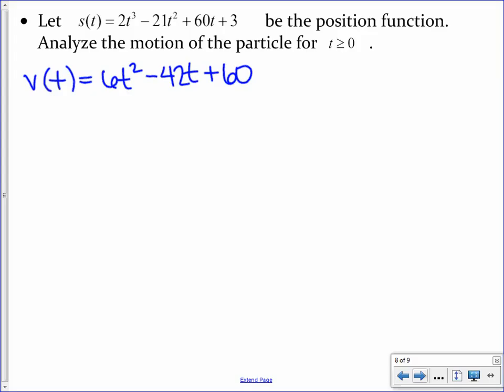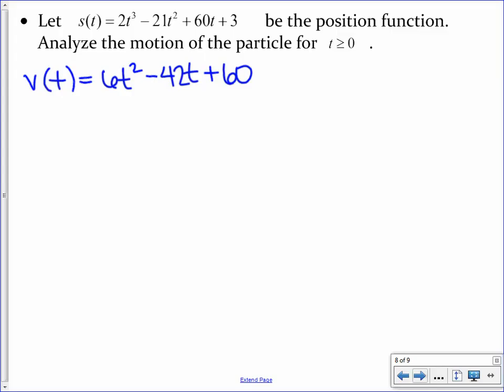Now, if I want to know when this is moving to the right and when this is moving to the left, what do we need to know about it? We know that our particle is going to change directions when the velocity goes to 0. So if we know when the velocity goes to 0, we can figure out when it is positive and when it is negative.